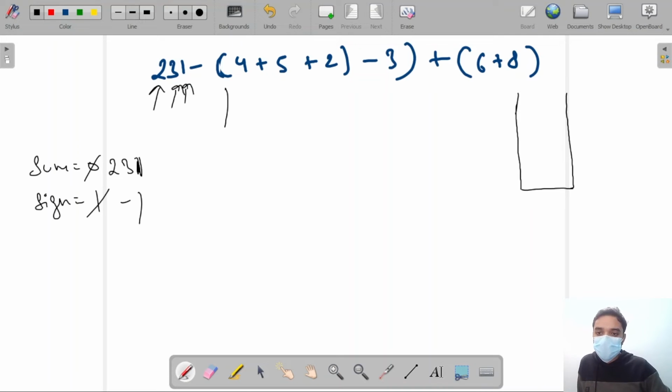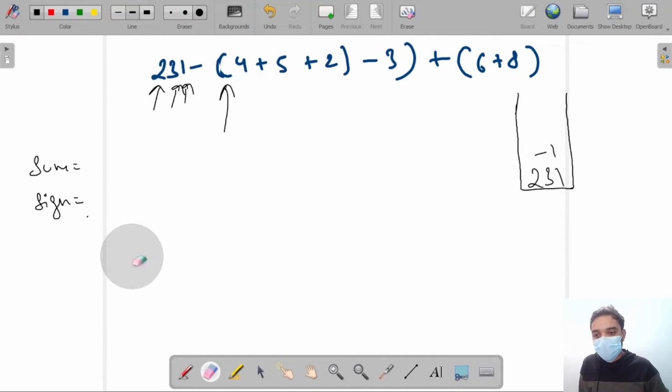After this, whenever I get to see an opening bracket, I just have to push my sum to my stack, and after pushing my sum, I have to push my sign to the stack. After pushing this, we have to update my sum and sign: sum will be equal to 0 and sign equal to 1.